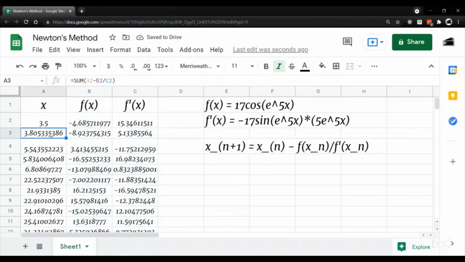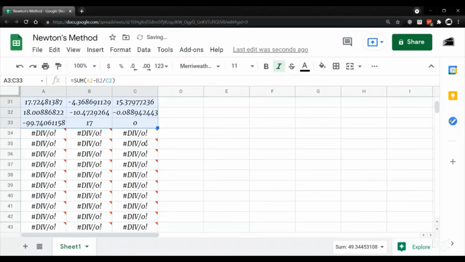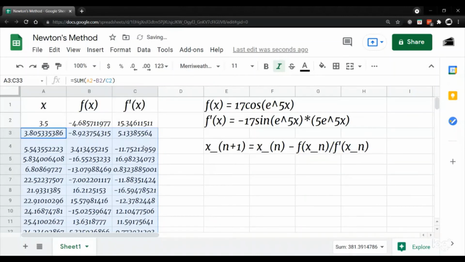So is everything right? So x is our previous x minus f of x sub n, which is this divided by f prime. So yeah, all of these should be correct, and all of these can get dragged down, and hopefully at some point we get something that's 0. But this one didn't work out very nicely.